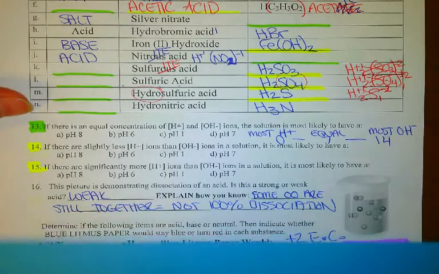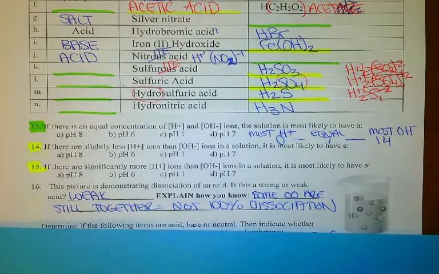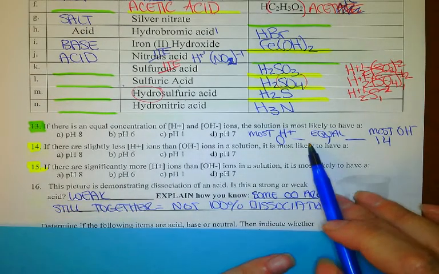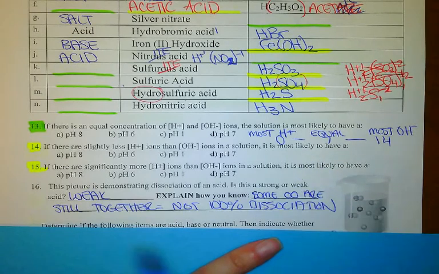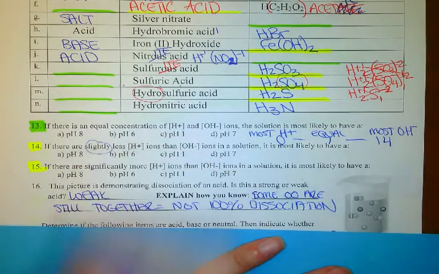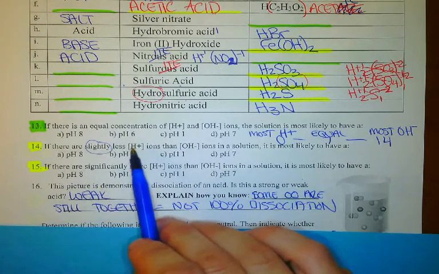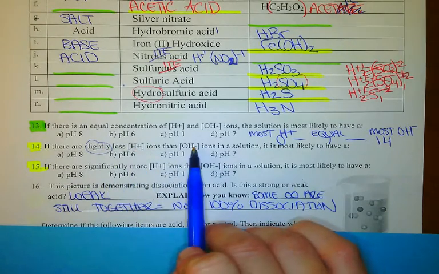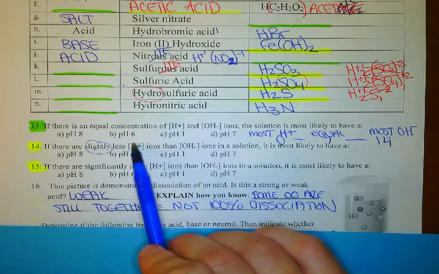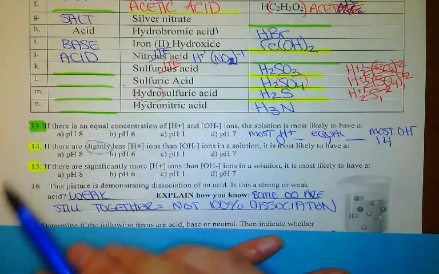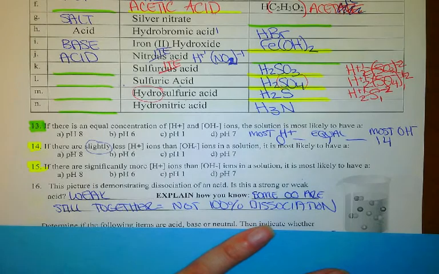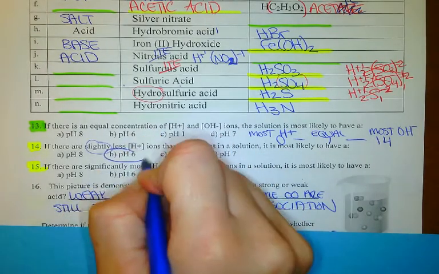Looking down here at some of these ones, I put up a number line for you to help you with 14 and 15. If you have exactly equal hydrogen and hydroxide ions, then it's a pH of 7, it'd be water. If you have just a little bit more H+, you're just a little bit more acidic, which means you're still pretty close to neutral, but you're acidic, which would be a pH of 6.